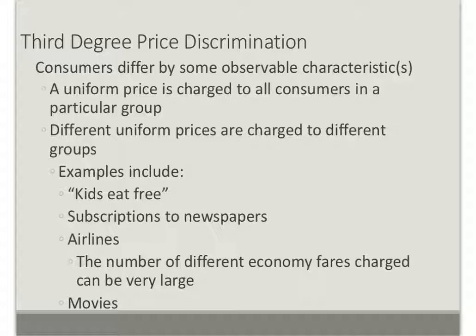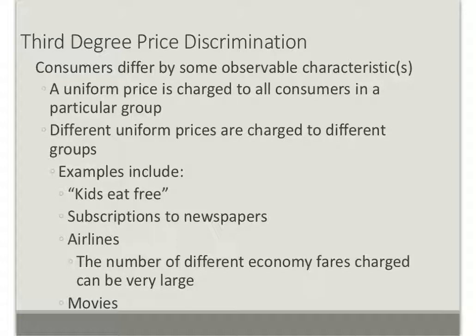So for third degree, consumers differ by some observable characteristic, but you don't have enough information to peg each customer's unique value. Okay, so we know this category of customers is higher value versus lower value, but we can't look at person A versus person B and say that person has this value and that person has that value.